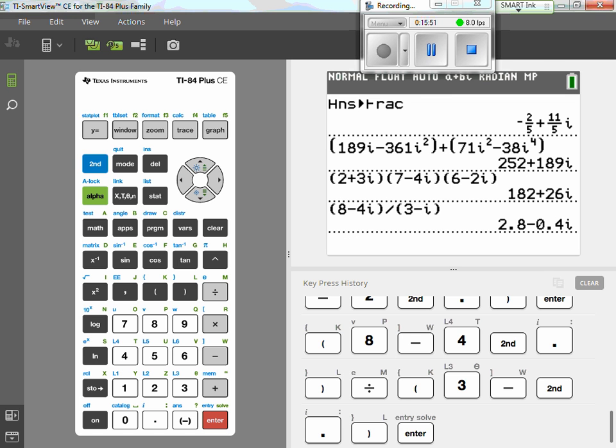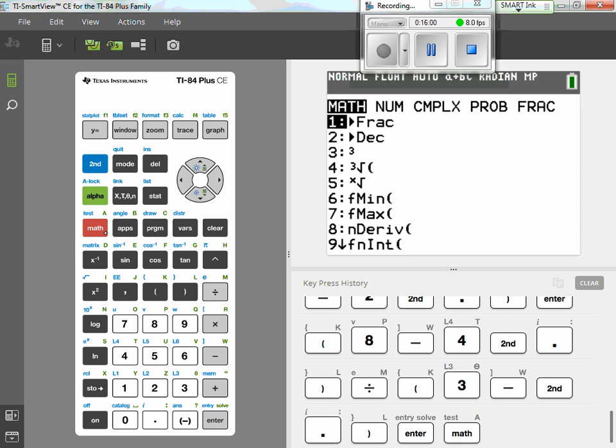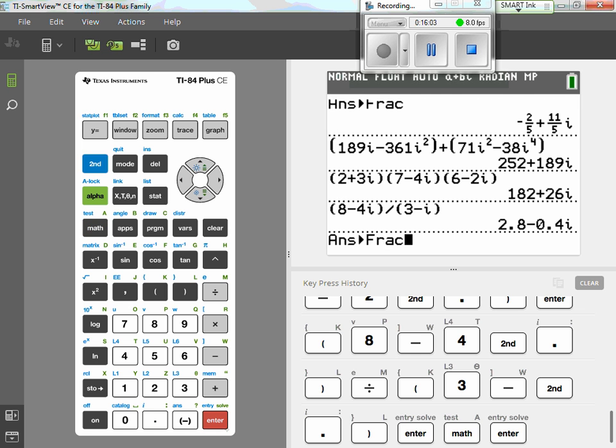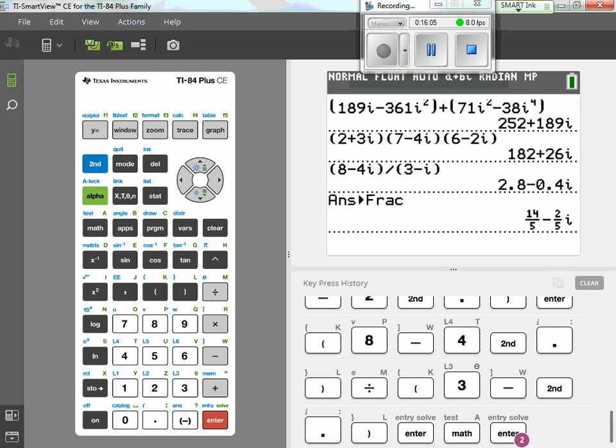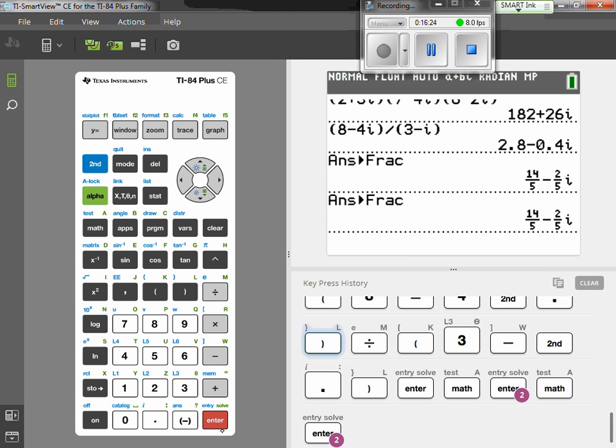Use the division key, do not use the alpha y equals enter, because that will not work. At this point, you'll go math, enter, enter, to convert it back to fractions. Questions on this here? Math, enter.